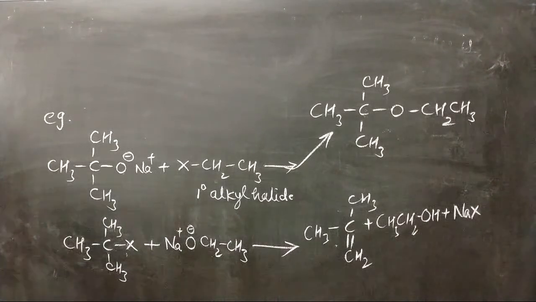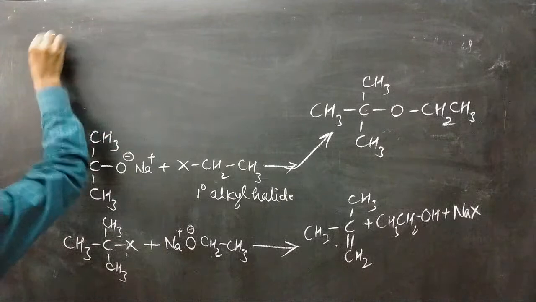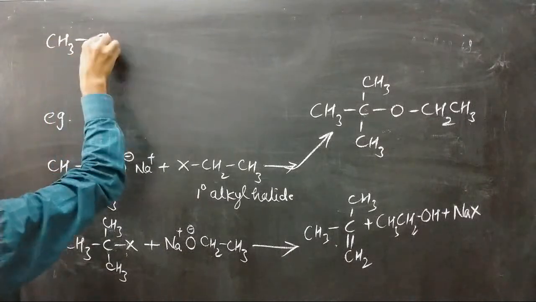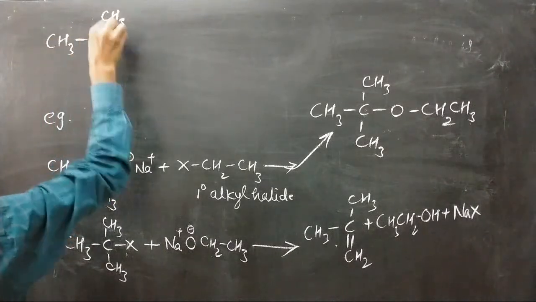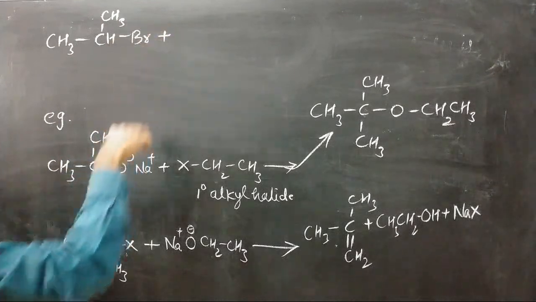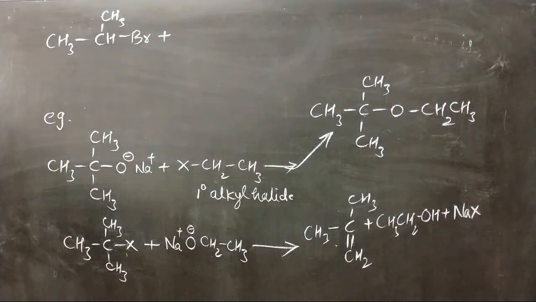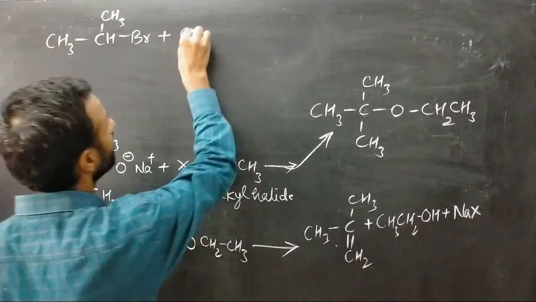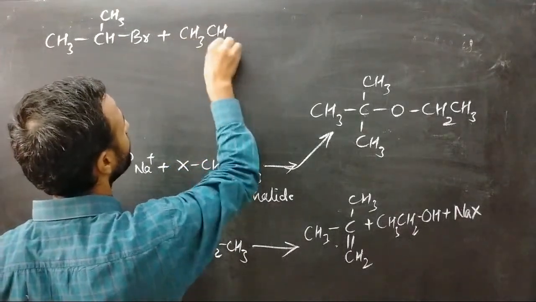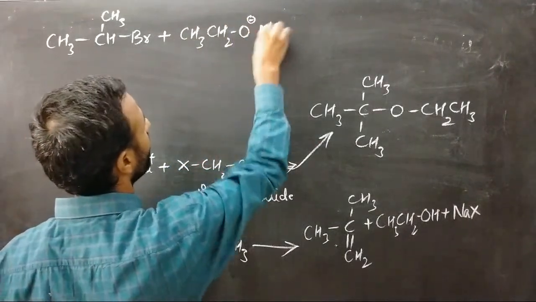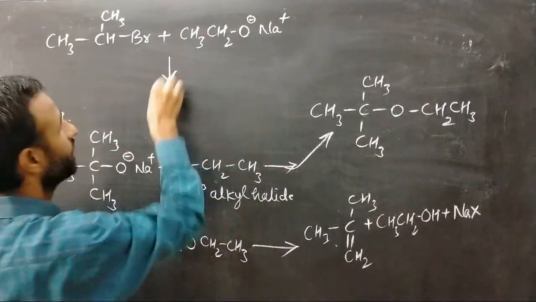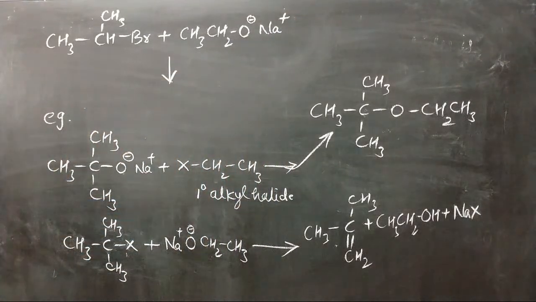For example, if we have CH3CHBrCH3 along with CH3CH2O⁻ Na⁺, what are the products formed? Tell me.